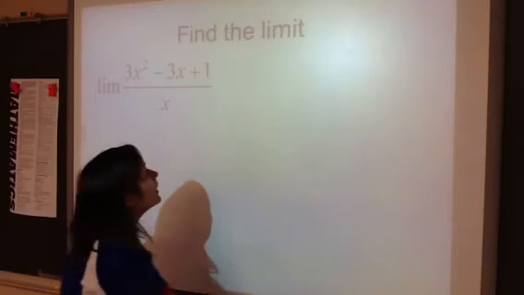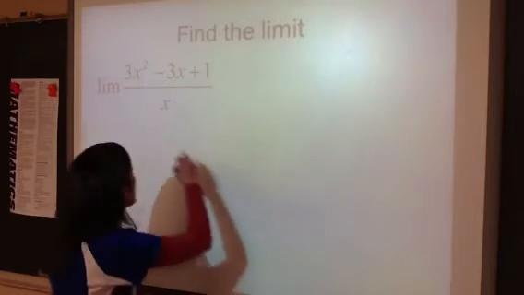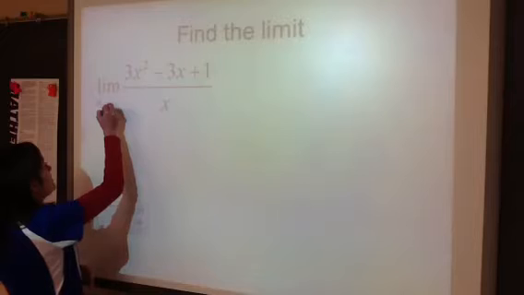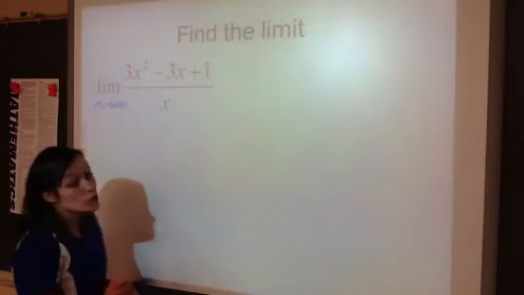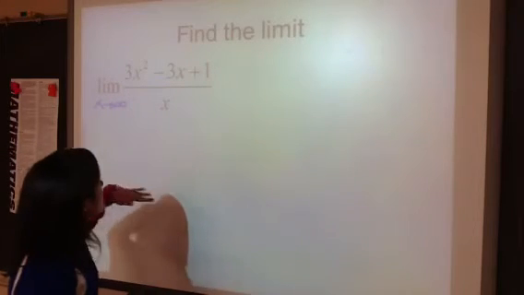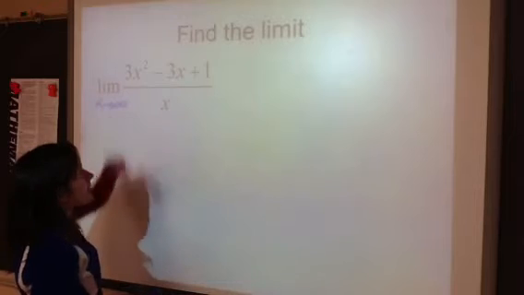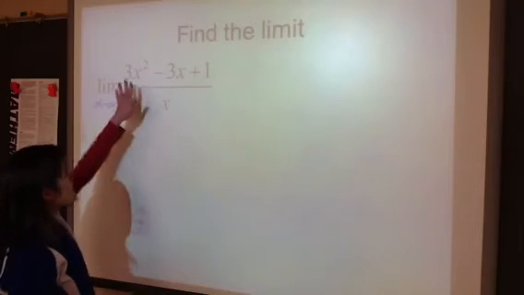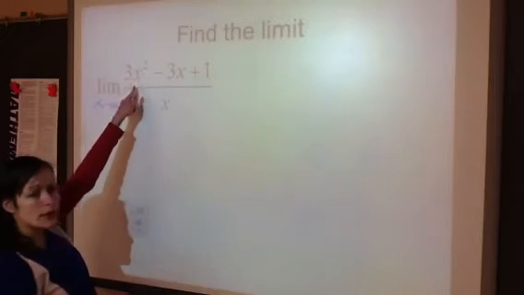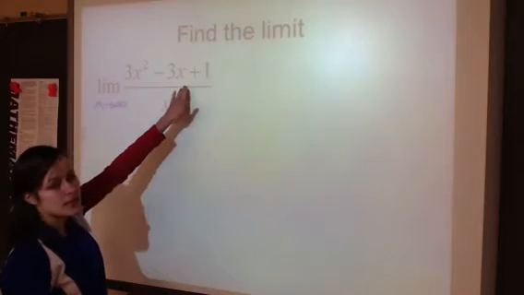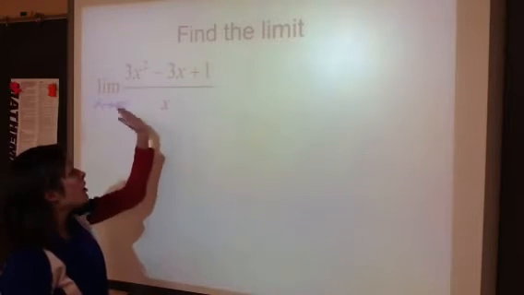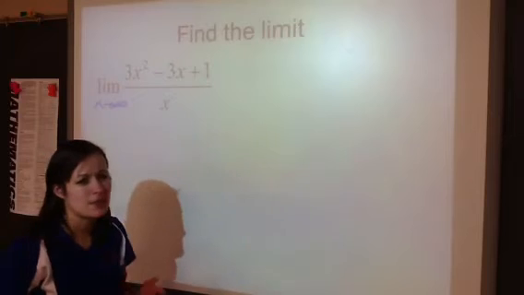What you do on these, we're finding the limit as x approaches infinity. If we would plug in infinity now, we would get 3 times infinity squared minus 3 times infinity plus 1 over infinity. That doesn't make any sense.